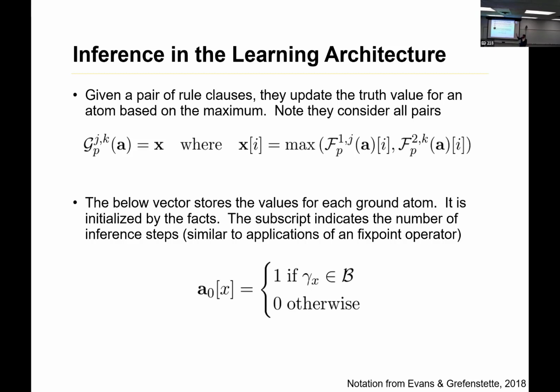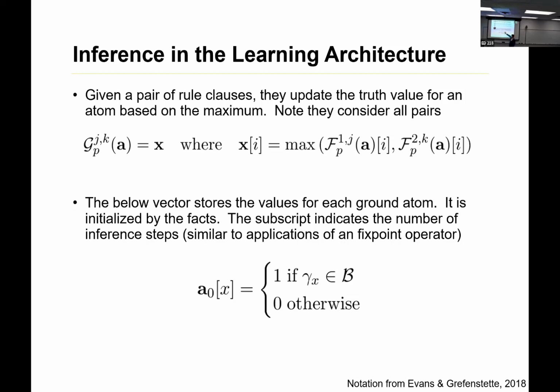That's okay, because that's all this little piece does. A is where all the values for each of the atoms are stored. The subscript is based on the number of inference steps. So for the very first inference step, all of the ground atoms in B get a 1, everything else gets a 0. No rules have been applied.